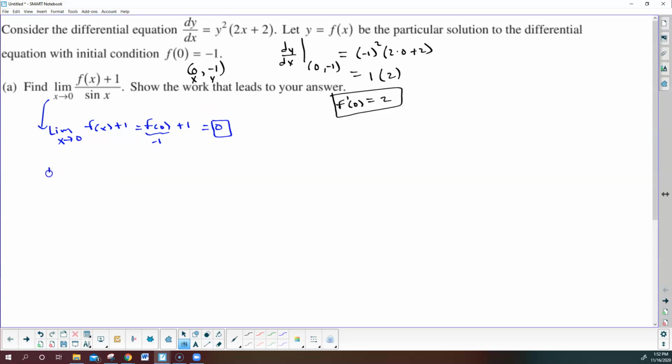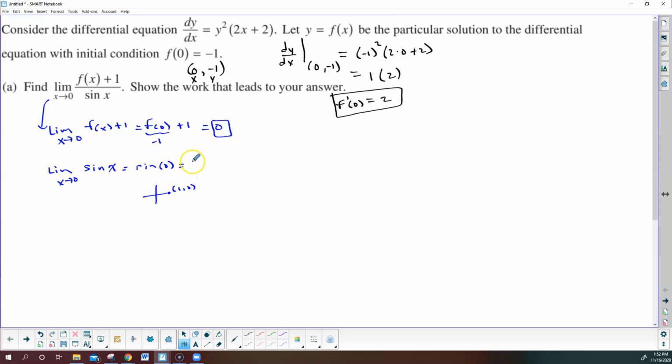Now I have to do the denominator. We're going to take the same limit as x goes to 0 of sine of x. Well, now I can just do substitution. Plug in 0. You hopefully know this one from heart, but if this is where 0 is, go over 1, up 0.